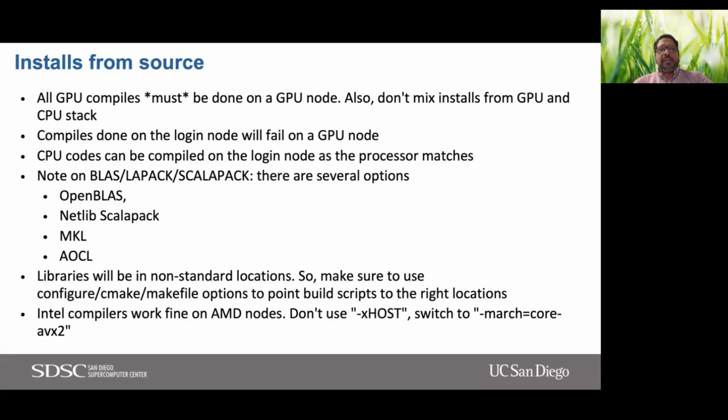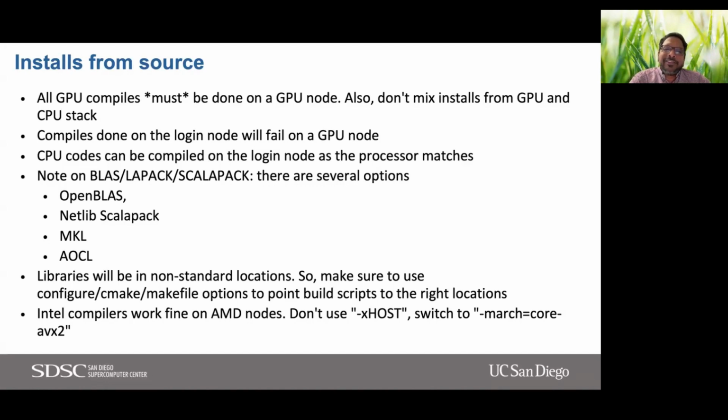Another thing to keep in mind is that all our libraries, since we are Spack installing in a different location, are going to be in non-standard locations. The reason I mention this is that sometimes software packages will say, oh, just yum install or apt-get install this library, and they expect it to be in /usr/include or /usr/lib64.